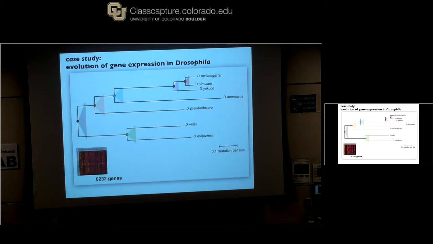Does any of you know how to read a phylogenetic tree? All right, very few. Okay, so the idea is the things that you sample in the world are the endpoints, right? So these are the species that exist.